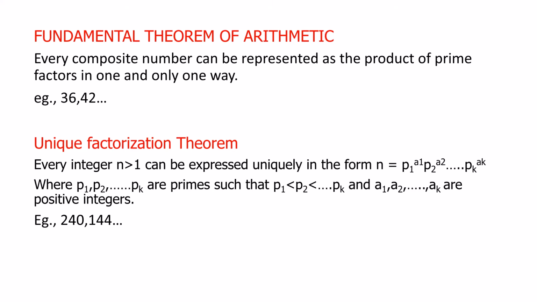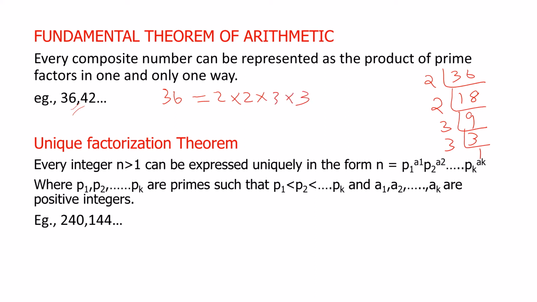So if you take the number 36, you can factorize it using prime numbers: 36 by 2 is 18, again by 2 you get 9, divide by 3 you get 3, and again 3 gives 1. So 36 you can write as 2 into 2 into 3 into 3. Similarly, every composite number we can express as a product of prime factors.